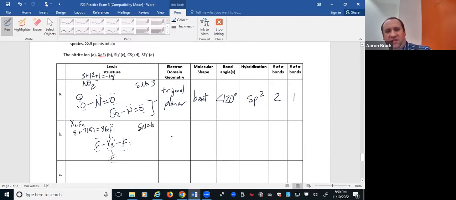My steric number is 6. So I'm talking about octahedral here. Octahedral with 2 lone pairs would be square planar. And in square planar, those lone groups cancel out, so I'd have just 90-degree angles and 180-degree angles to worry about.